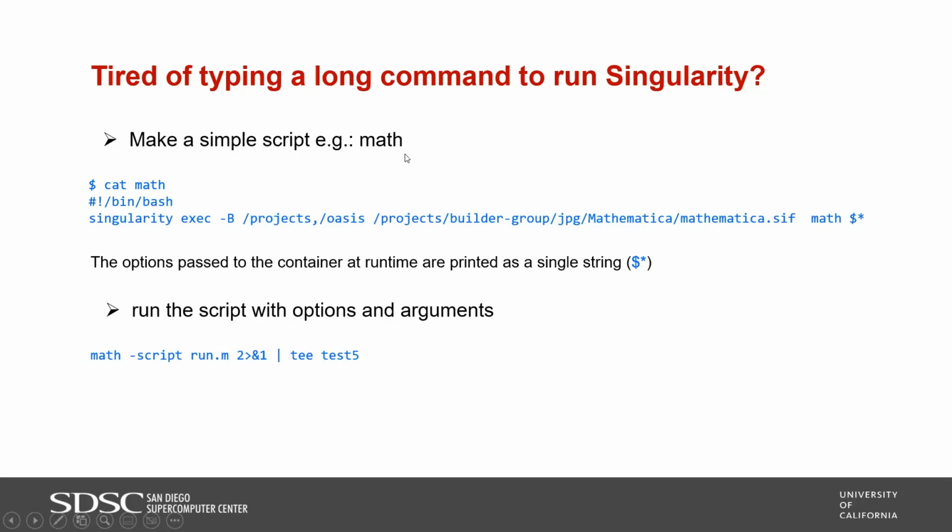Here, I use my colleague's example, a simple script that tells Linux this is a bash script, and then add the long command into that script. At the runtime, I can just run the script as usual, with any options and arguments I want.